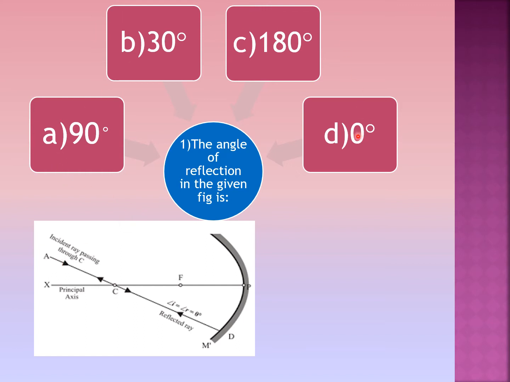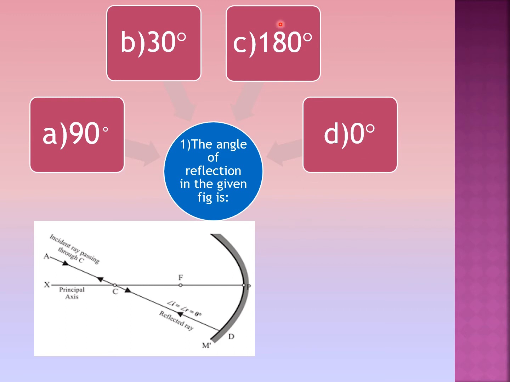Now what is the methodology to crack an MCQ? One, you either know the answer the moment you read the question. Second, you think a little, try to apply concepts and then answer. Third, when you don't know the answer, even if you try to read the figure, then what has to be done?